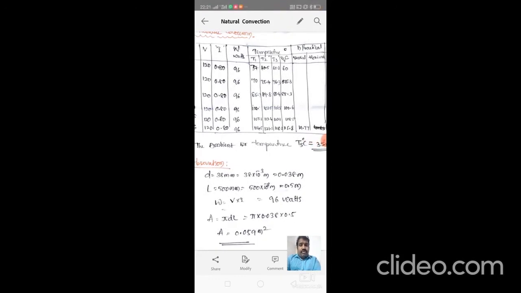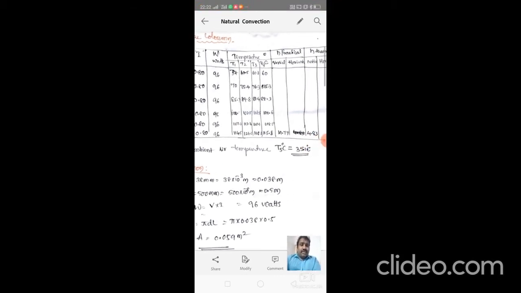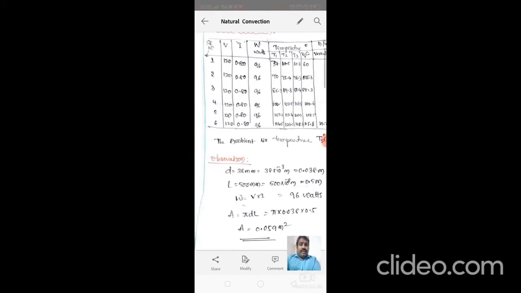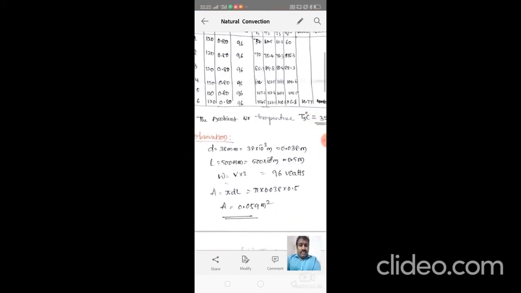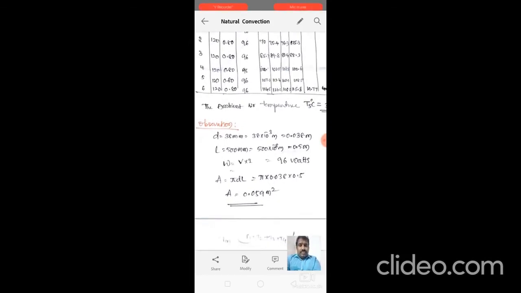We got 114.5 for T1, T2 is 121.2, T3 is 118 and T4 is 115.8. Finally, T5 is the ambient temperature, that is 35.1 degrees centigrade. Next we will observe the observation column table.